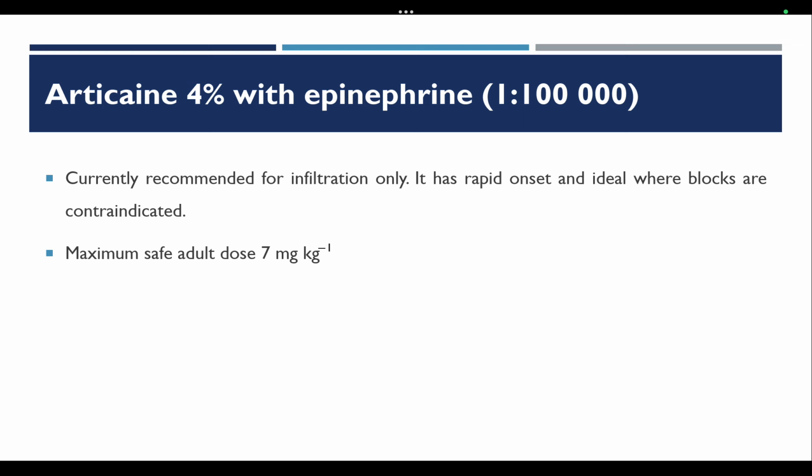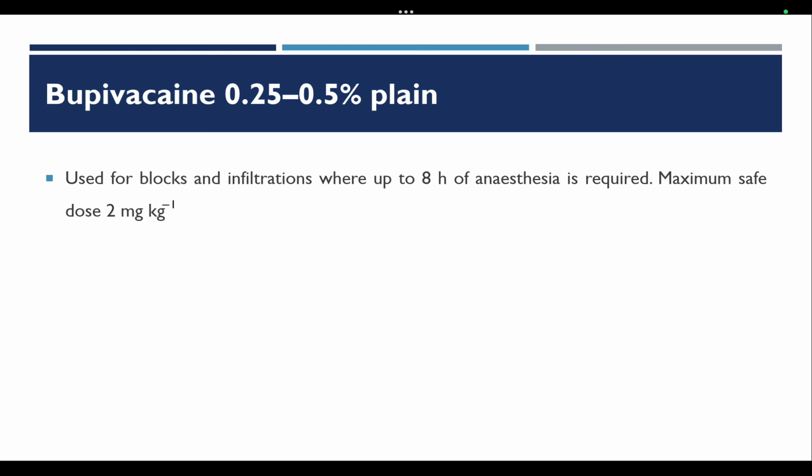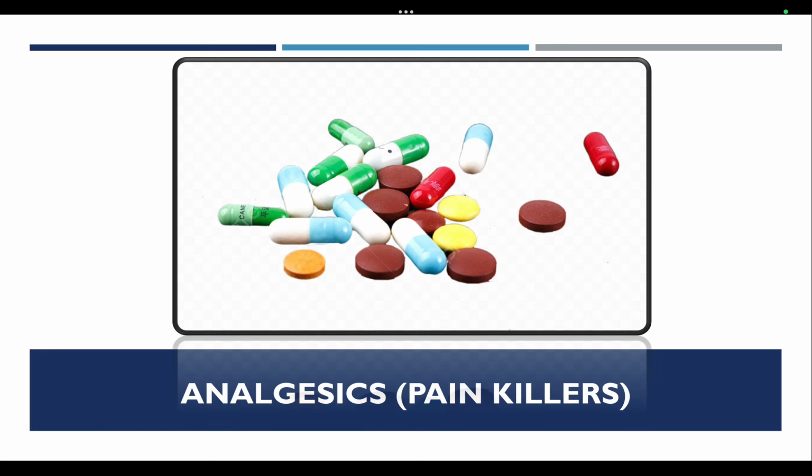The maximum safe dose is about 10 or 11 cartridges, about 7 milligram per kilogram. Bupivacaine, 0.25 or 0.5% plain, is used for block and infiltration when up to 8 hours of anesthesia is required. The maximum safe dose is only 2 milligram per kilogram.